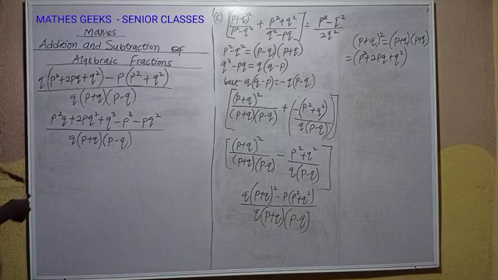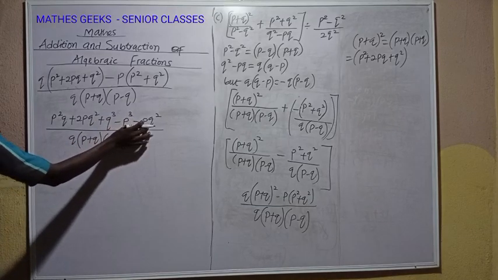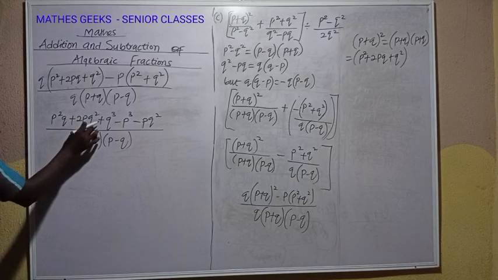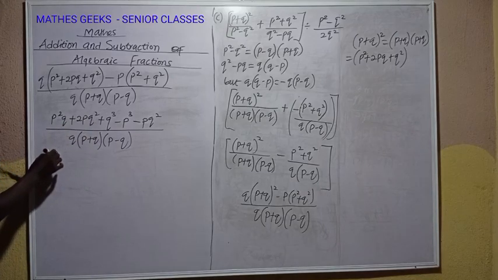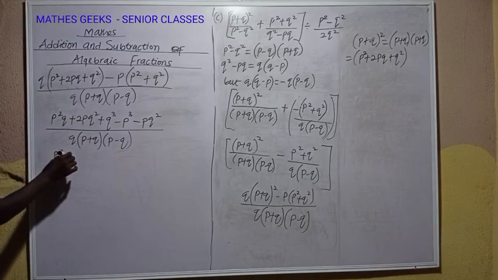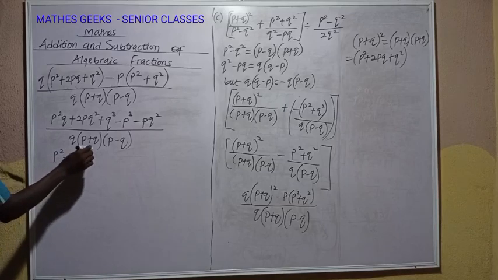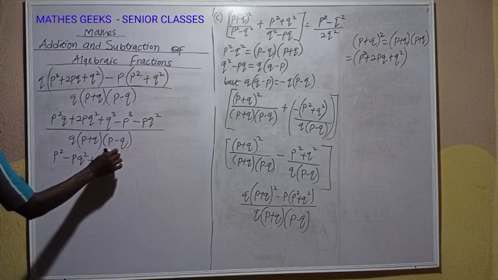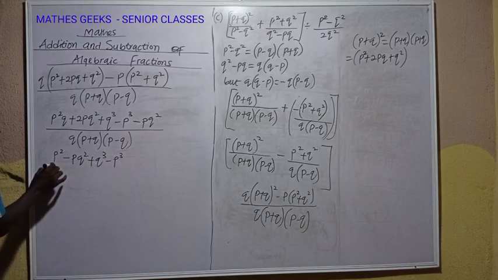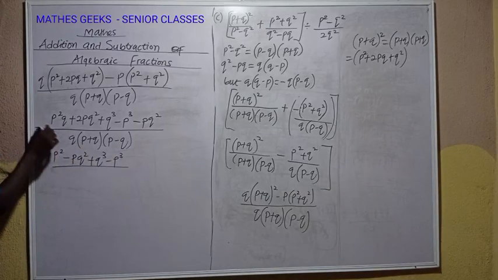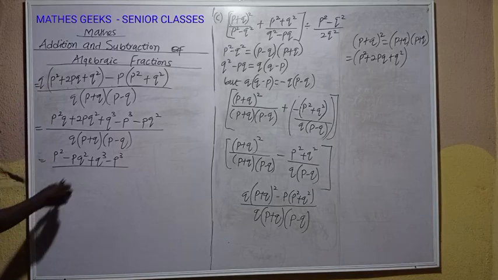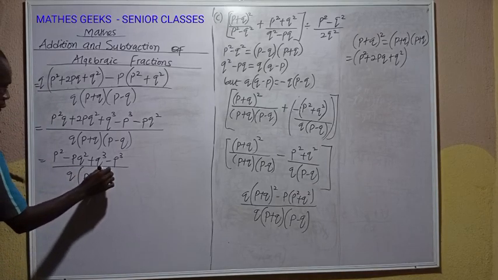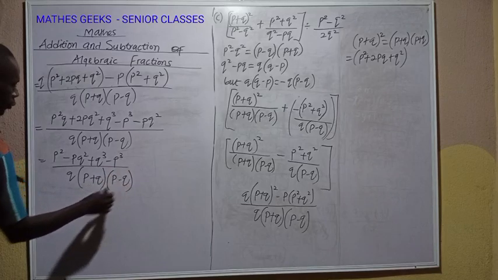So let's combine: minus pq squared plus 2pq squared will give us pq squared, then plus q raised to power 3 minus p raised to power 3, over q(p plus q)(p minus q).